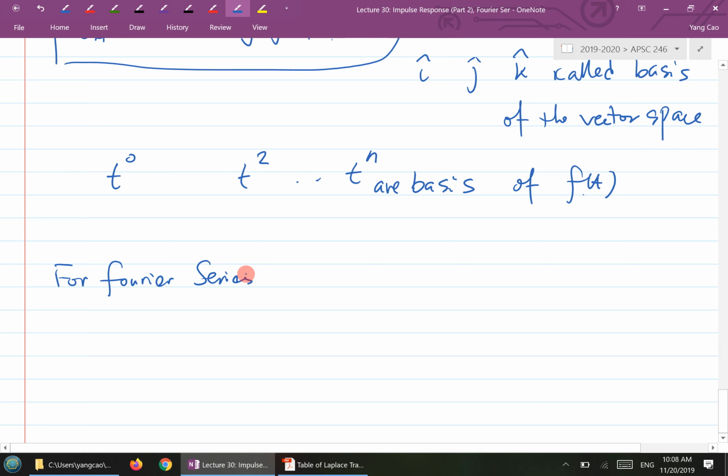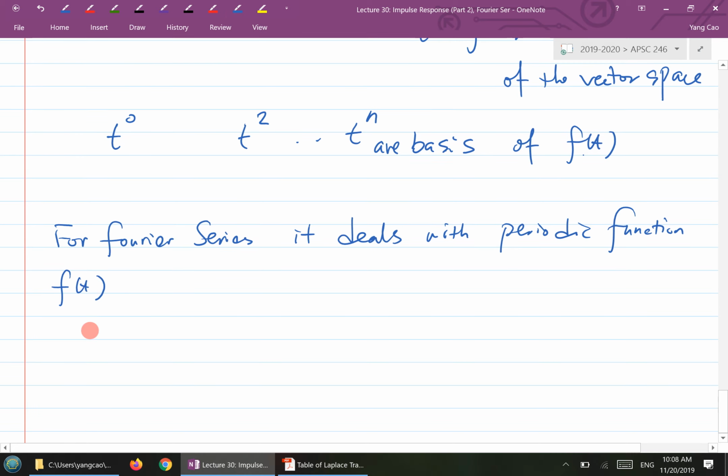So for the Fourier series, it deals with periodic functions. Let's call it f of t. Okay, it deals with periodic functions and approximates f of t as this.